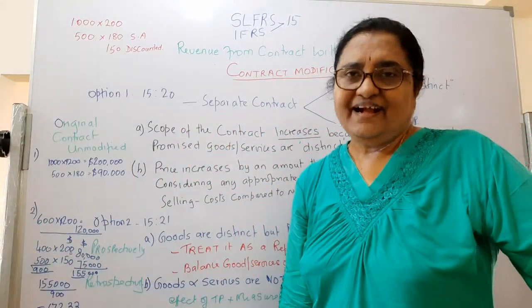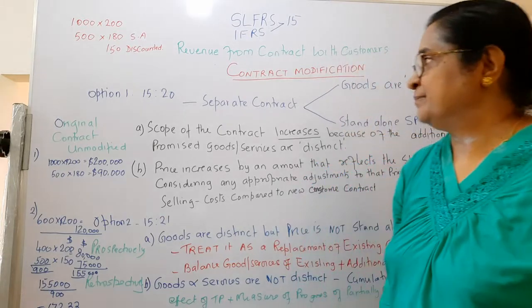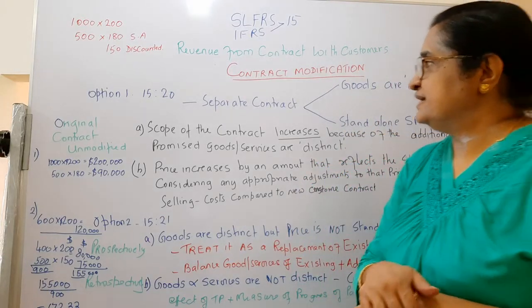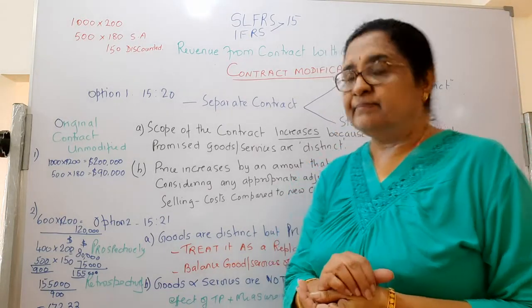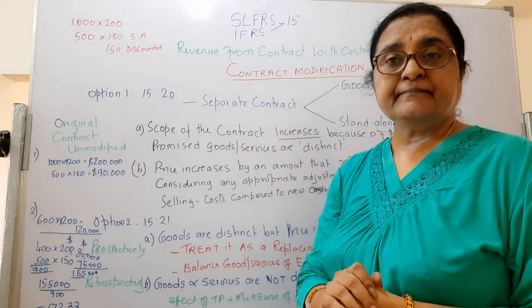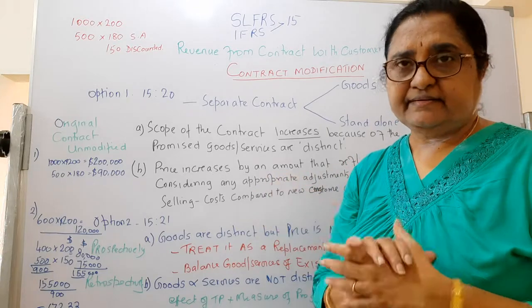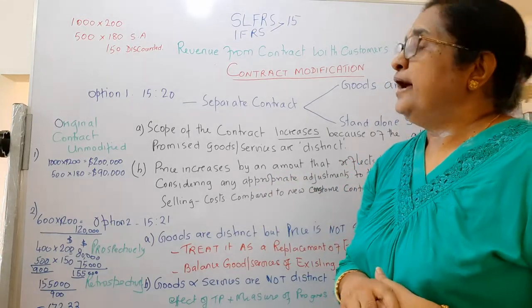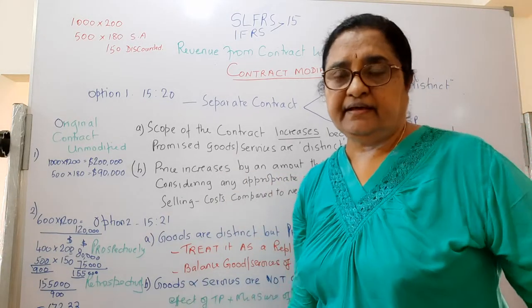Okay, coming back to the modification again. I quoted you an example: 1000 laptops at 200, that's the original contract, and he is asking for an additional 500.